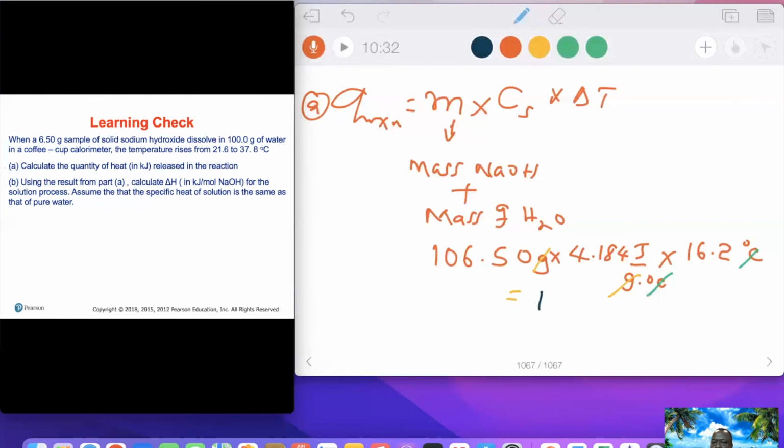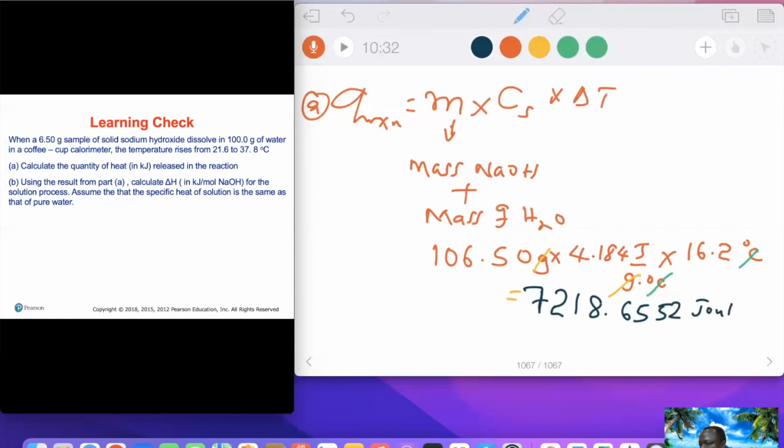So let's see, this is 106.5 times 4.184 times 16.2. This is 7218.6552 joules.